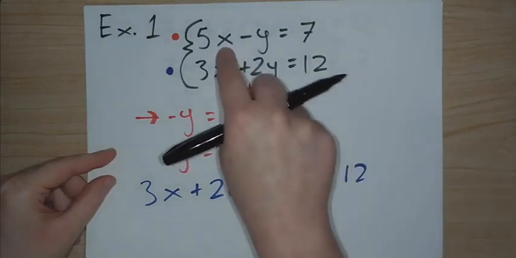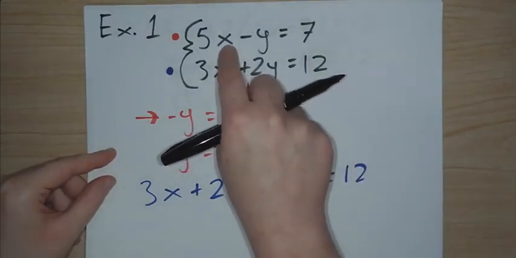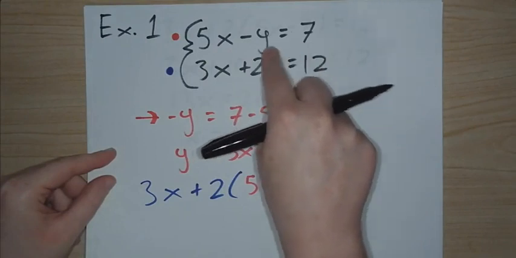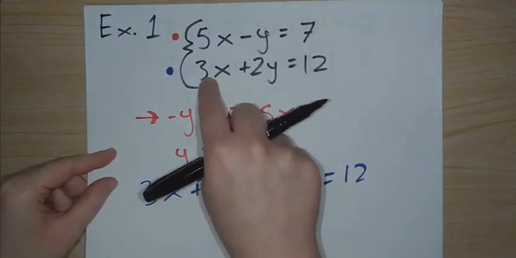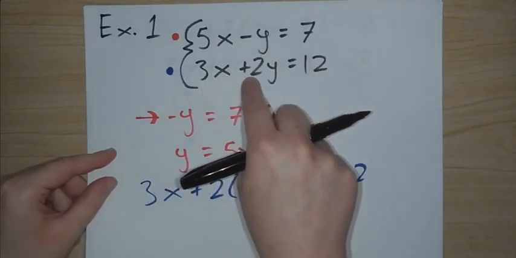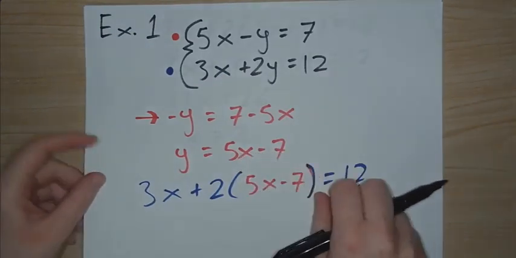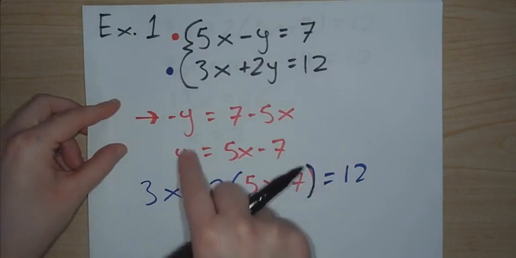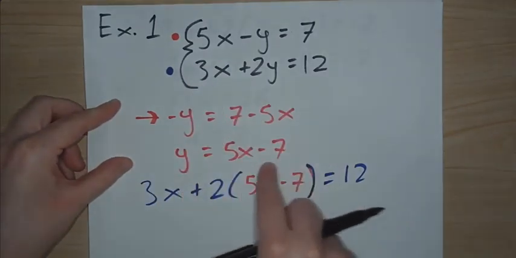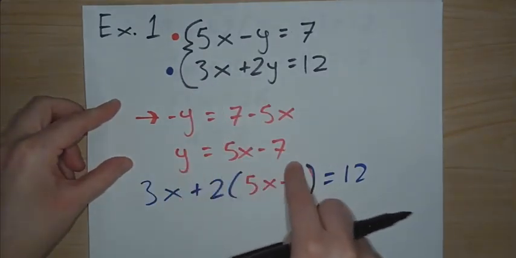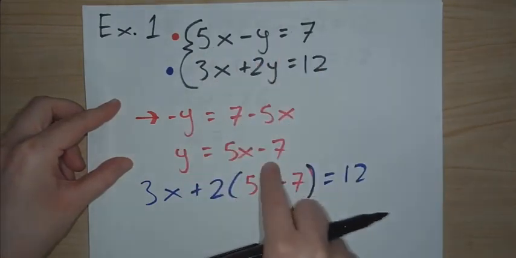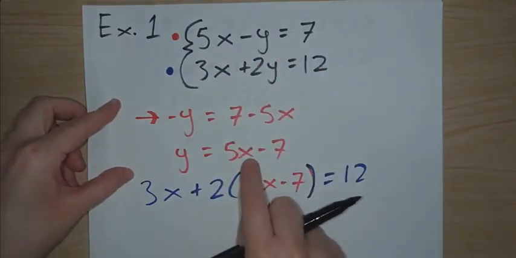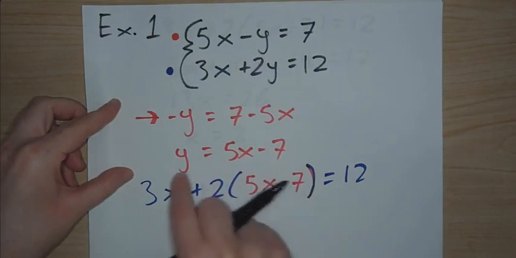So we could put this x is equal to 2 into 5x minus y equal to 7 and solve for y. Or you could put 3 times x is equal to 2 plus 2y is equal to 12 and then solve for y. It does not matter. For simplification purposes, I will simply use this where we already solved for y, because that's easier. We already solved this equation for y. So if I substitute x is equal to 2 here, it's easier.